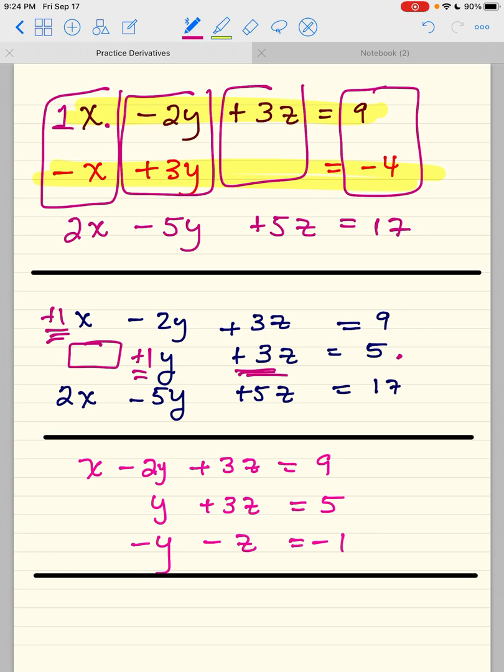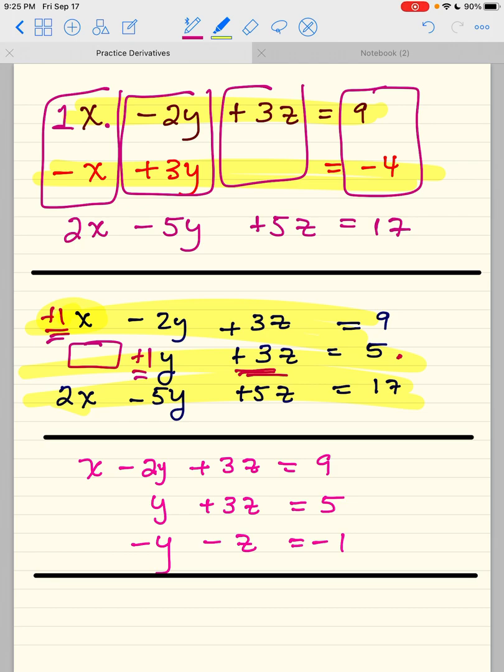Now I'm going to take a look at this here and figure out what I should do next. Well, first, I'm going to add negative 2 times the first equation. So I'm going to multiply the first equation by negative 2, and then add that to the third equation to produce a new third equation.